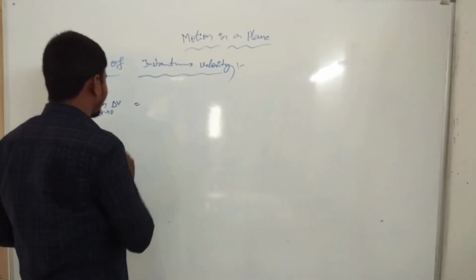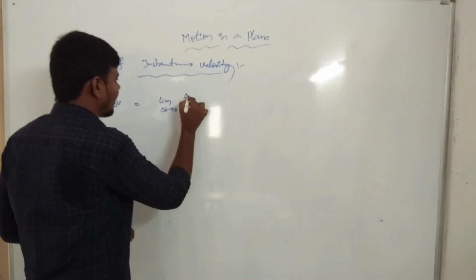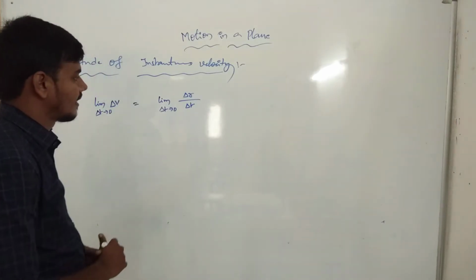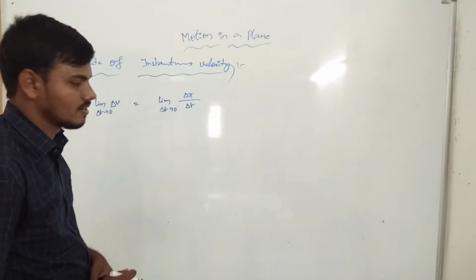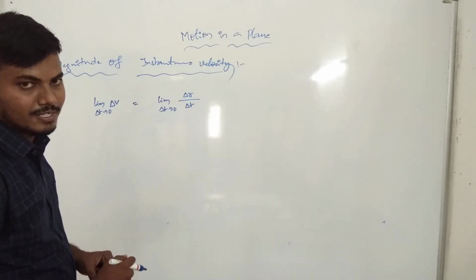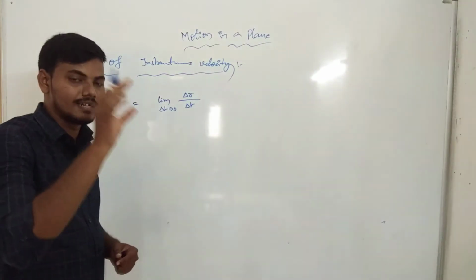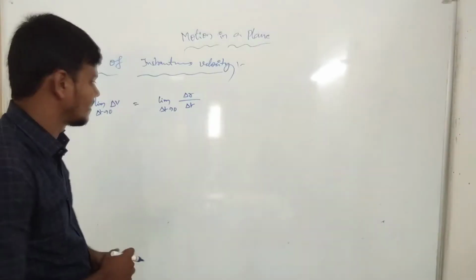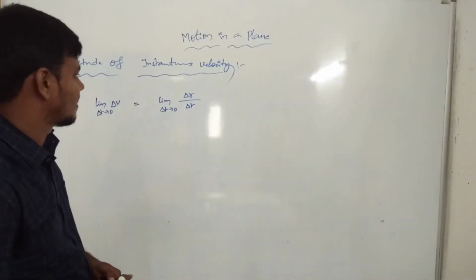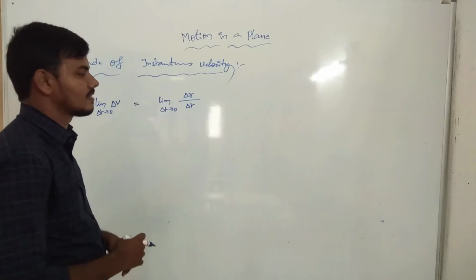Now we take the limit of delta T tends to 0, delta R by delta T. Clearly, the rate of change of displacement is known as velocity. The rate of change of average displacement is known as average velocity. At an instant of particular time, it is known as instantaneous velocity. This limit as delta T tends to 0 of delta R by delta T is known as instantaneous velocity.